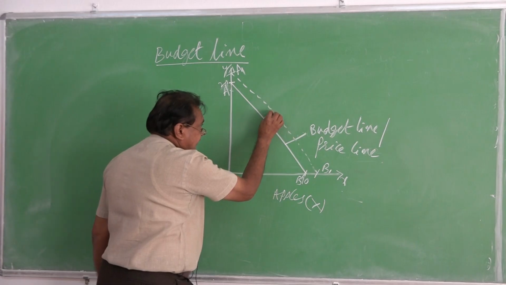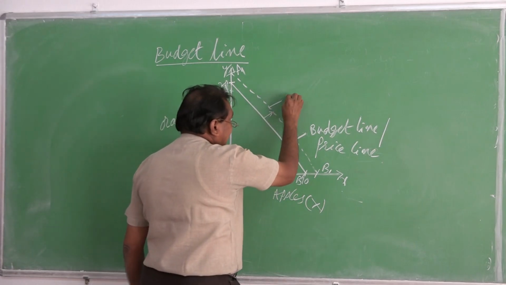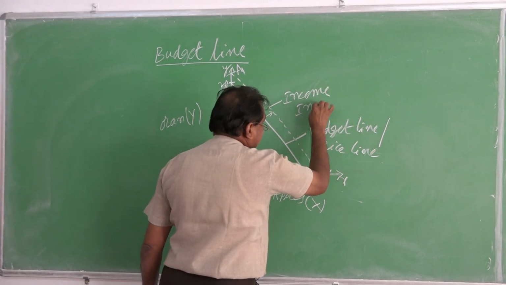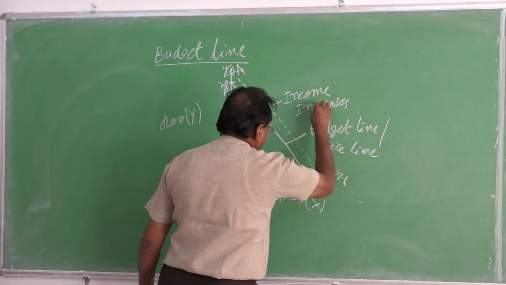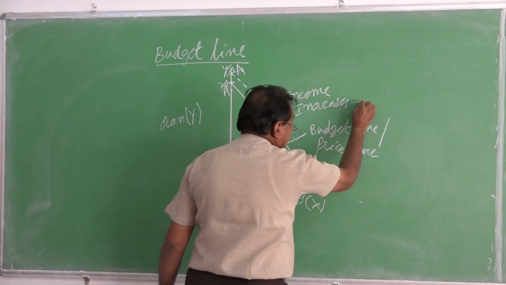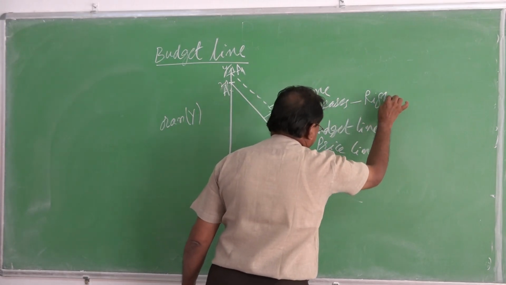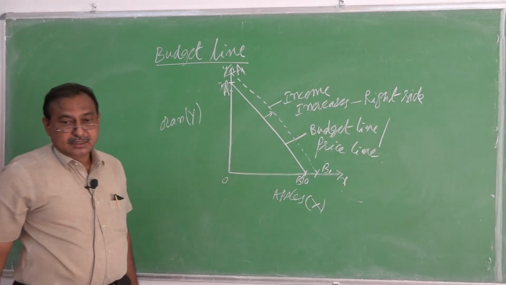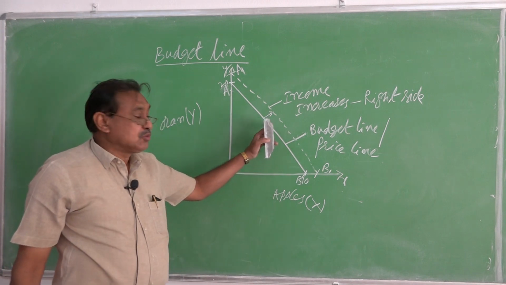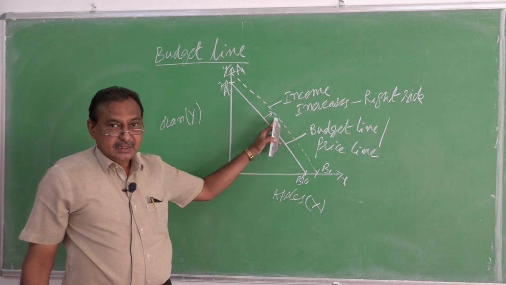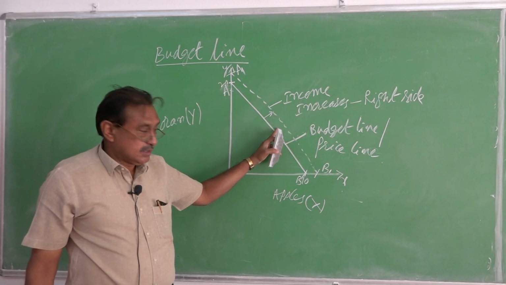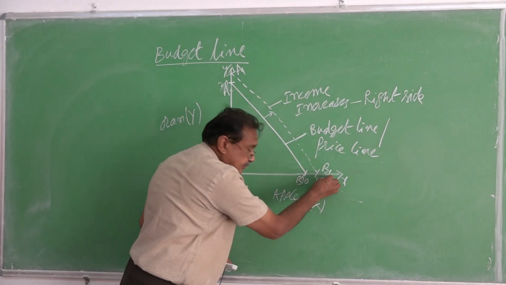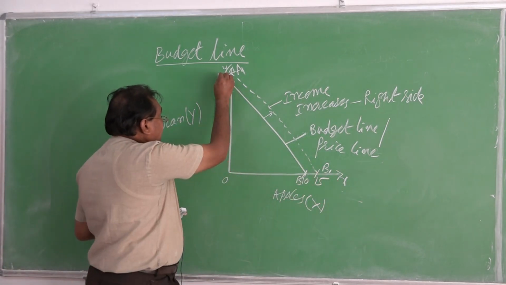It means if income increases, the budget line shifts towards the right side. If your income increases, in place of 10 you may purchase 15, and in place of 20 you may purchase 25.